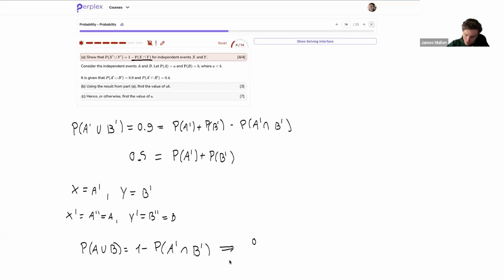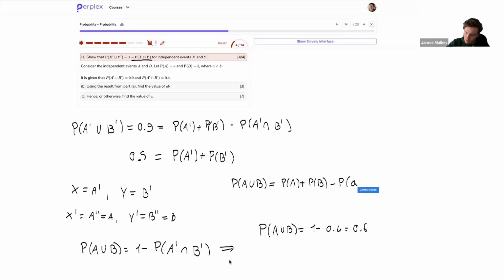That P of A union B is equal to 1 minus 0.4, which is 0.6. Okay? And I also know that the union of A union B is P of A plus P of B minus the intersection.